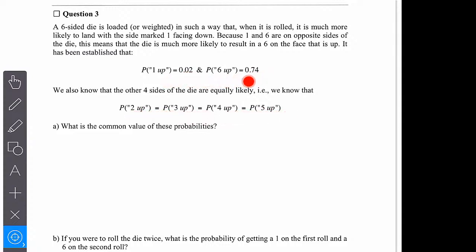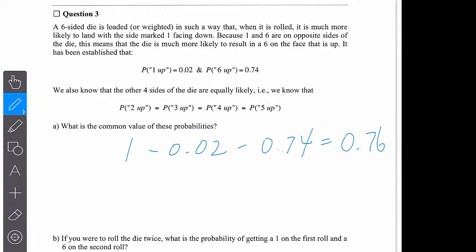If these are for 2 sides and the total probability should be 100%, then 1 minus 0.02 minus 0.74 gives 0.76. So that leaves me 0.24.